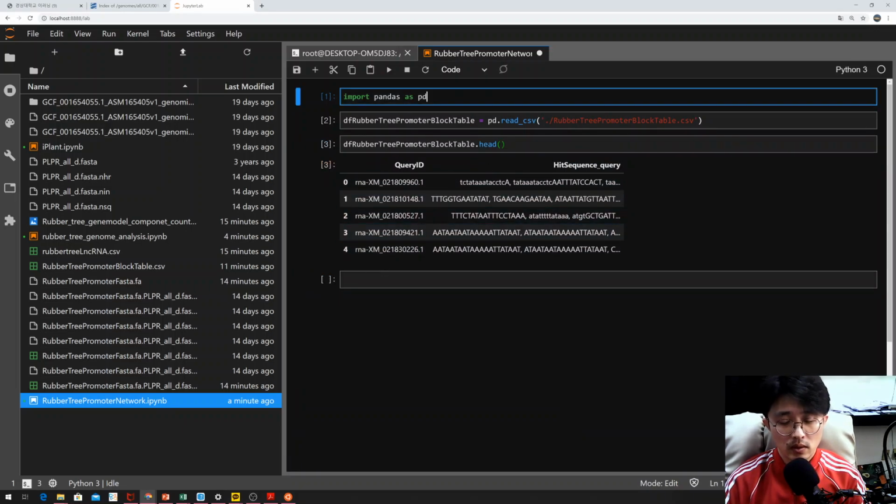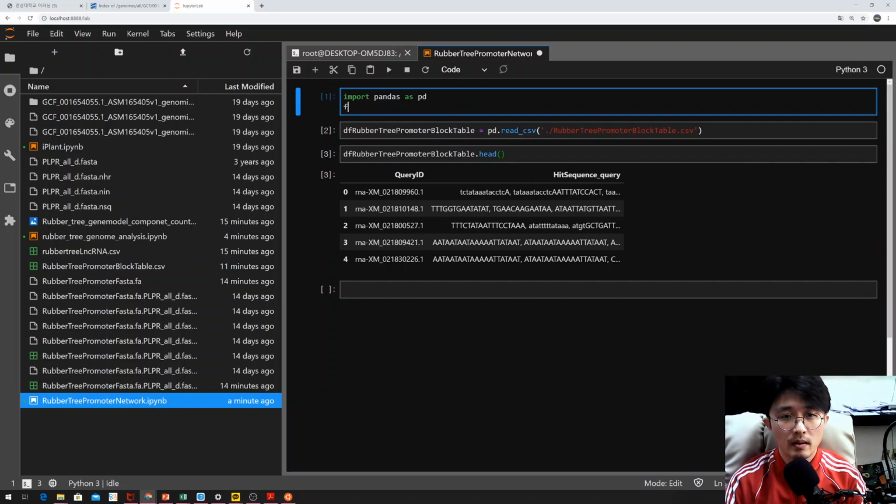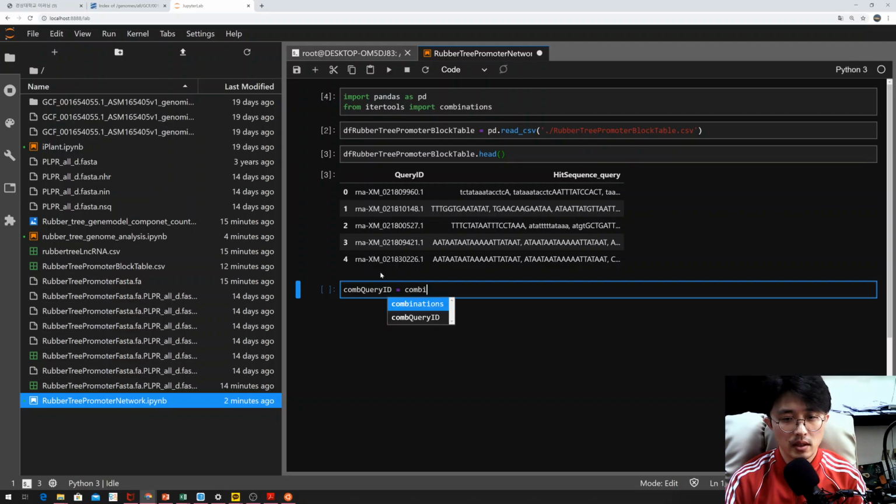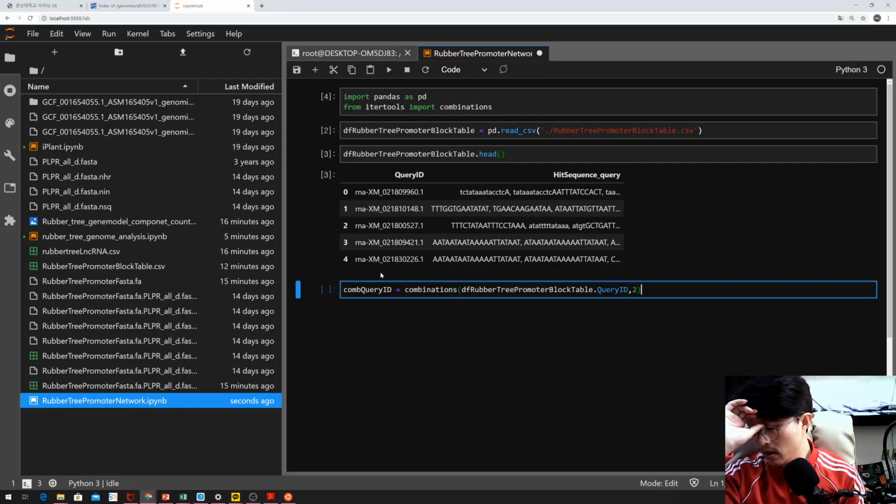So what I have done was from itertools import combinations, and combination query ID will be combination of laboratory query ID and two guys will be combined.